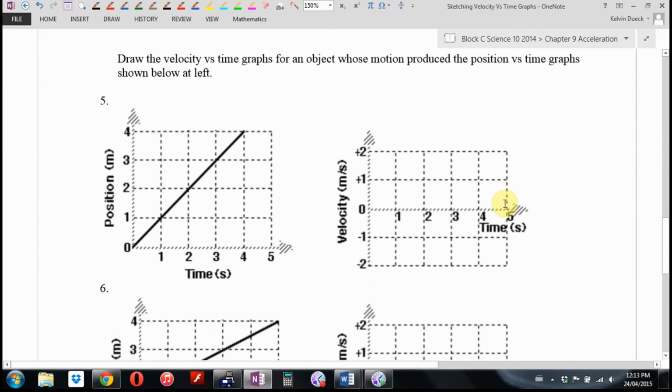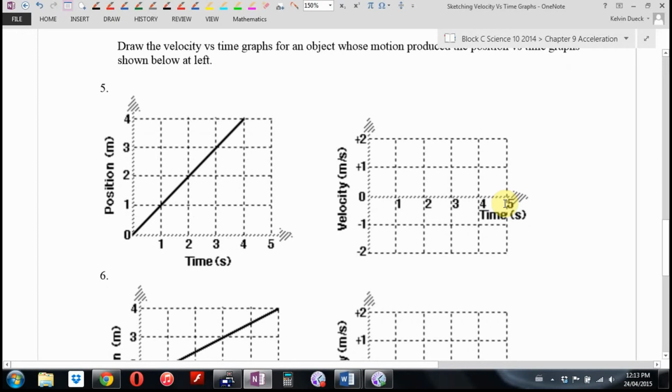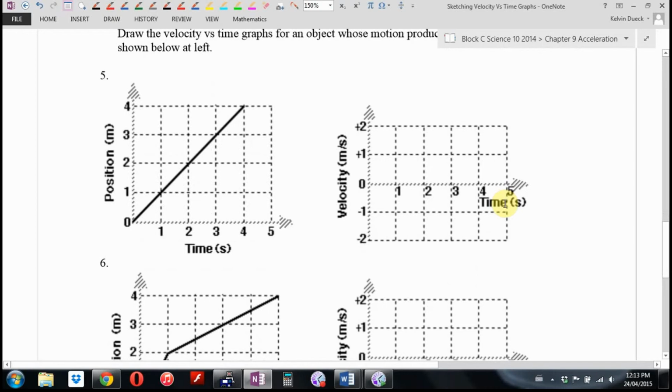This is more similar to what you're going to get on the test because this has actual numbers. It says, draw velocity versus time graphs for an object whose motion produces the position. Okay, position versus time. What does the slope tell us? For velocity versus time, slope tells us acceleration.